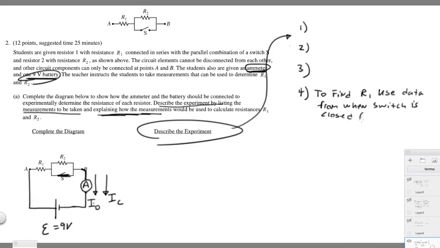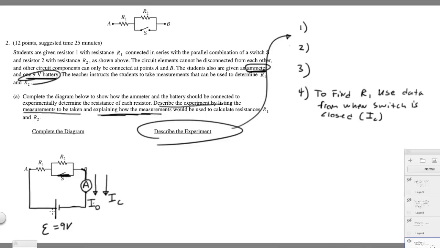So we want to be using the current reading from when the switch is closed. Okay, when the switch is closed, here is the important thing to realize.